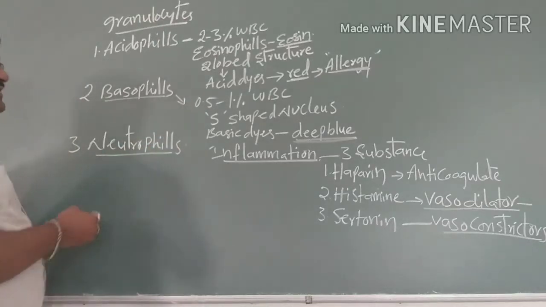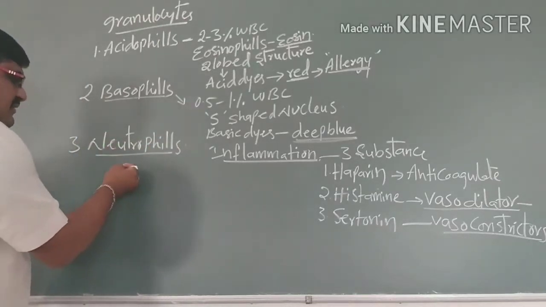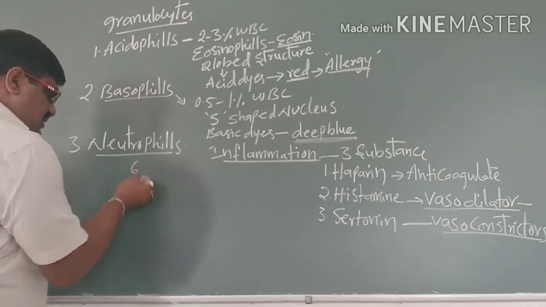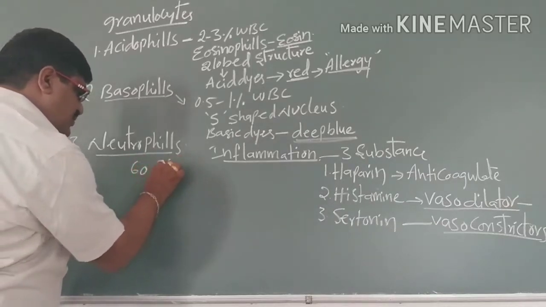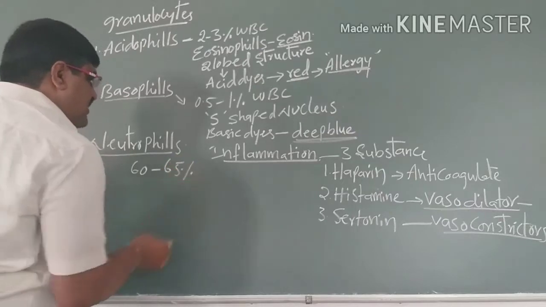Next, coming to the neutrophils. Neutrophils occupy 60 to 65% of the WBC.